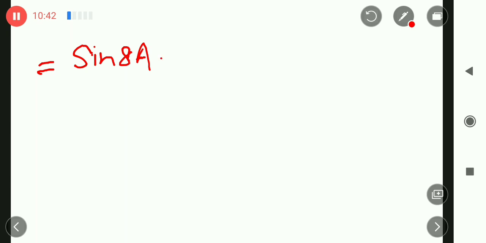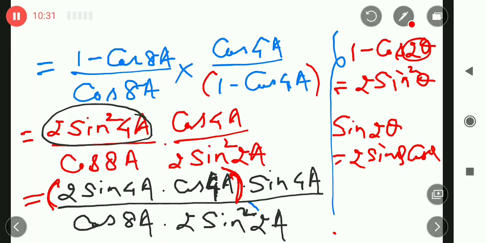So we can write sin 8a, and here one more sin is left, no? So here is left sin 4a. Okay, this sin 4a I have written, and now cos 8a into 2 sin square 2a.